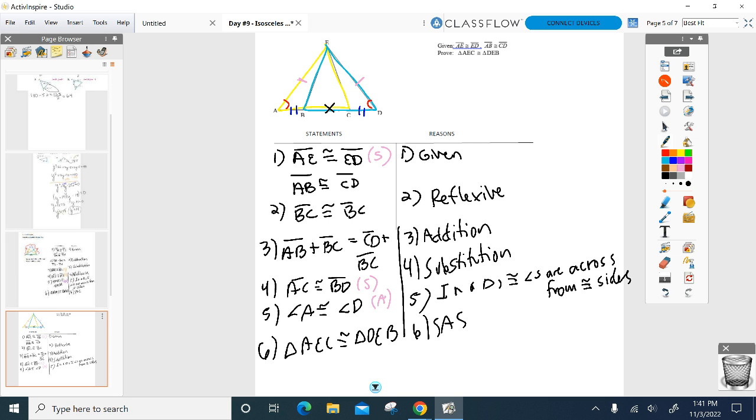Since AB and CD are congruent, so are the angles across. That's false. Why? AB and CD are not contained in the same triangle. Remember that. The congruent sides have to be contained in the same triangle. If they're in two different triangles, this theorem does not apply. All right? Same triangle only.